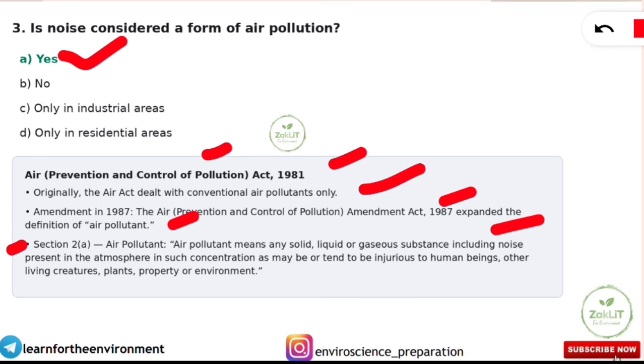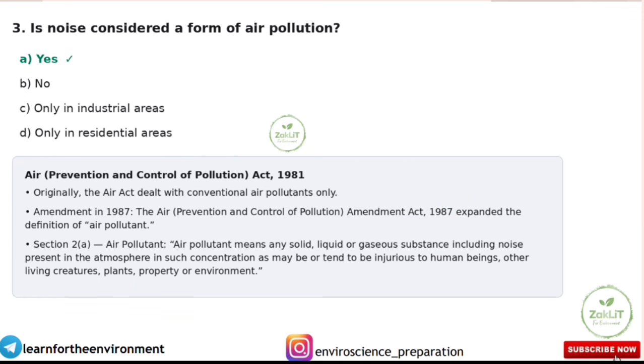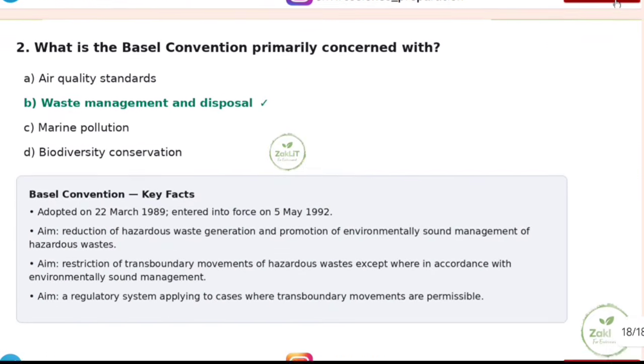Remember, as per Section 2A, air pollutant means any solid, liquid or gaseous substance, including noise, present in the atmosphere in such concentration as may be or tend to be injurious to human beings, other living creatures, plants, property or environment. So this is as per the amendment of the Air Act in 1987. Noise is also considered a form of air pollution which may cause injury to human beings, living creatures, plants, property or environment. Coming to the next question.